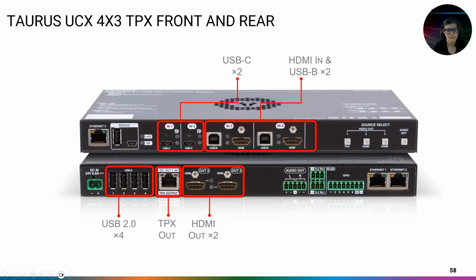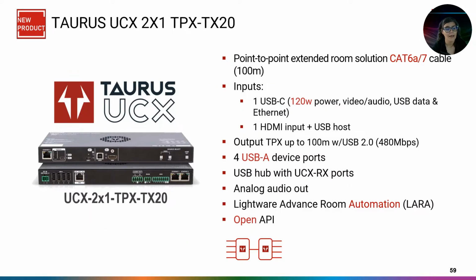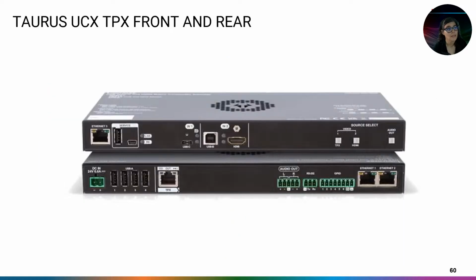If that 4x3 was too big for you, we have a 2x1 version that basically gives you all the same benefits, everything that we've been talking about. And here's a look at what that 2x1 is going to look like. You've got your input, your USB-C and your HDMI USB-B, and then our 1 out that is going to our TPX receiver there.